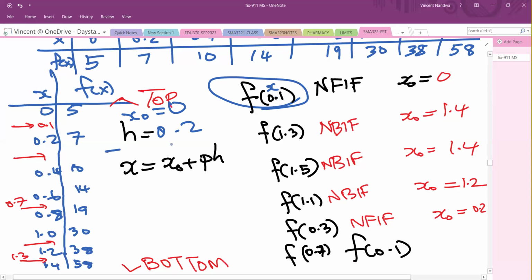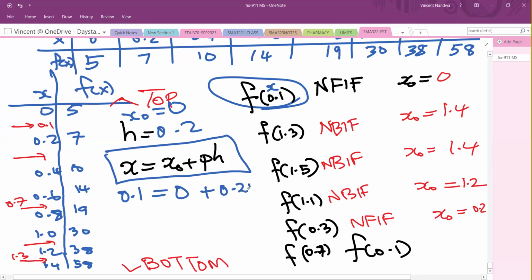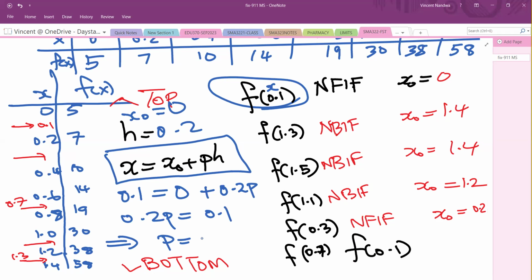So you substitute into this formula: x you put 0.1, x naught you put 0, h is 0.2, times p. So this will give you 0.2p equals 0.1, which will mean p is a half, correct? So p is a half.